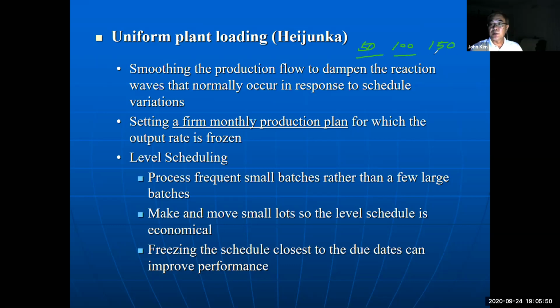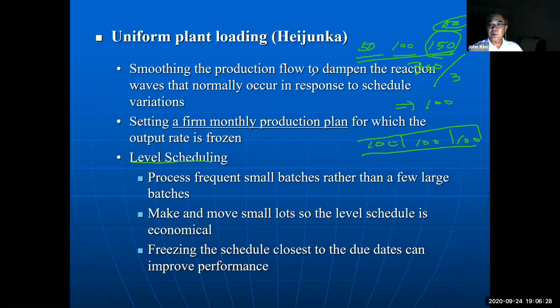Then we need 150 capacity, but if we schedule using level scheduling, the total is 300, divide by 3, equals 100 each. So schedule 100, 100, 100 like this. Then we can make even capacity. In that case, 50 is unnecessary capacity.